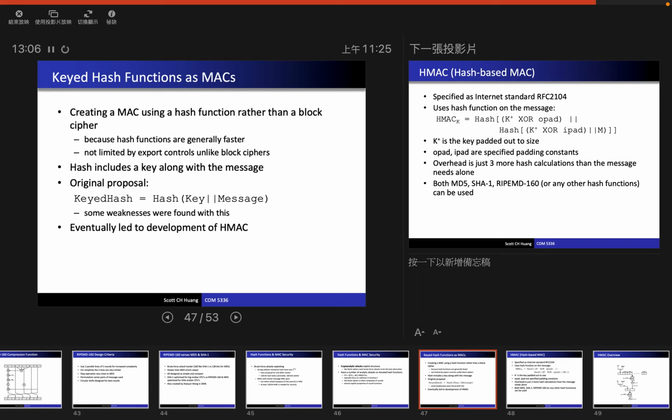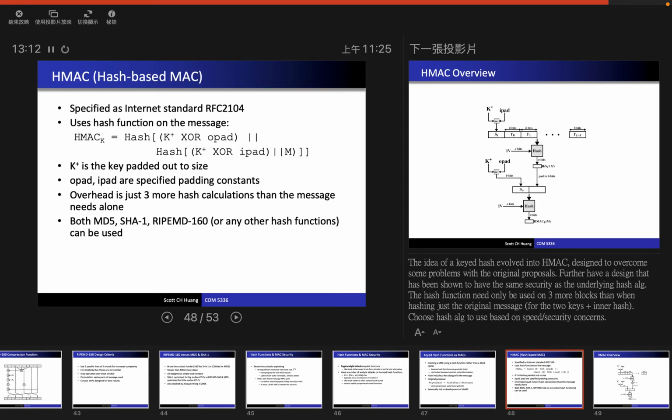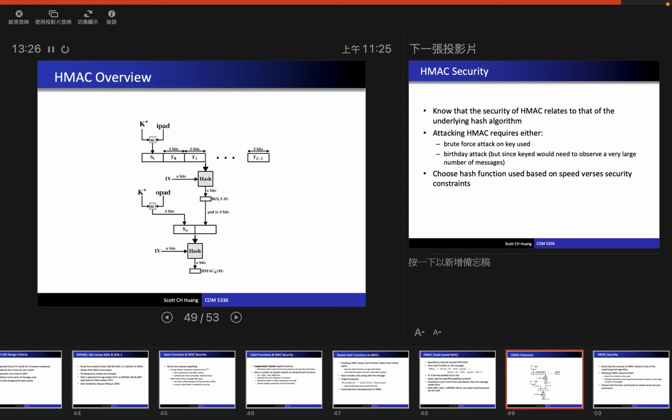Let's take a look at what the best way is. The best way is called HMAC. That's it, one line. It's a nested hash function. Actually, the hash is used twice. Maybe we can take a look at the diagram; it would be easier to understand.